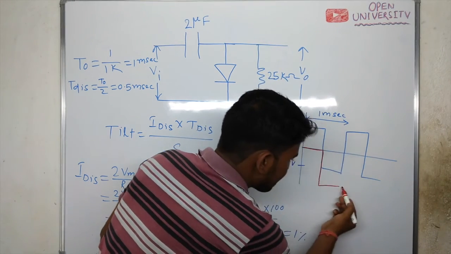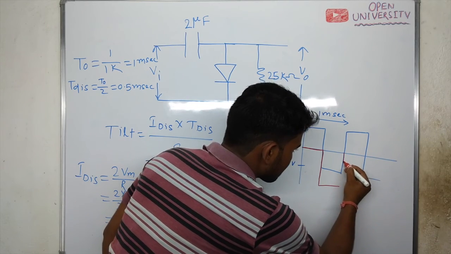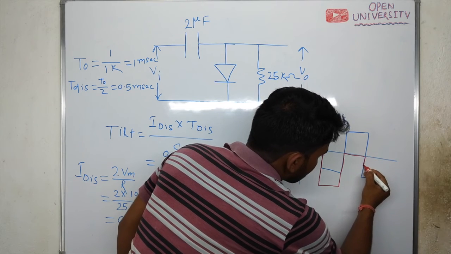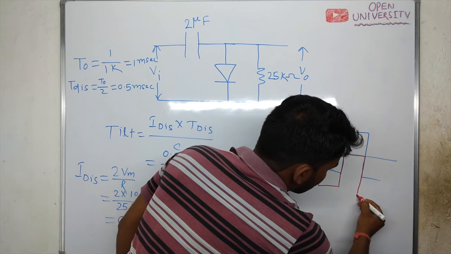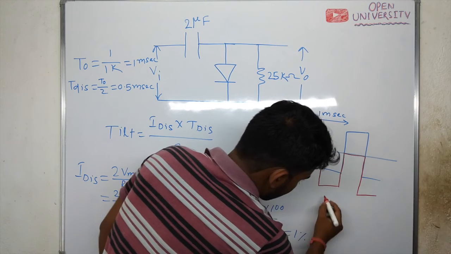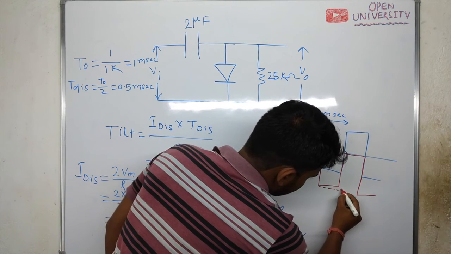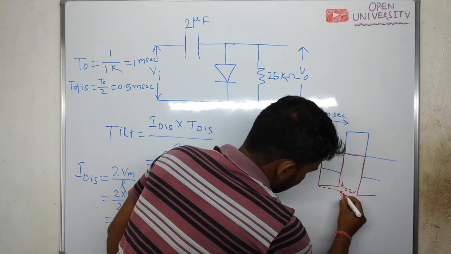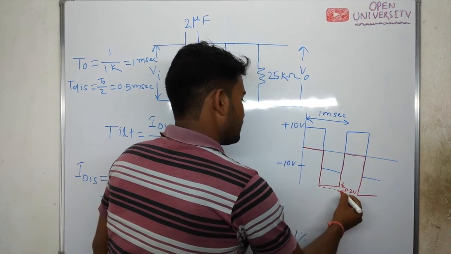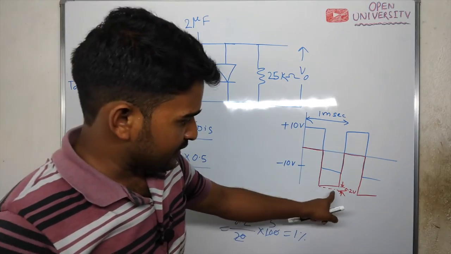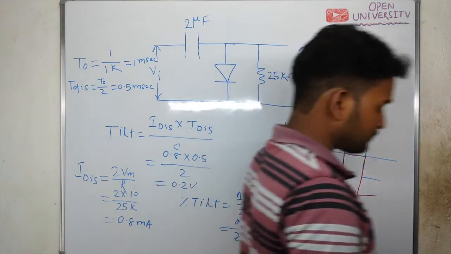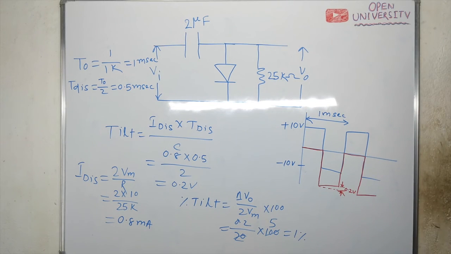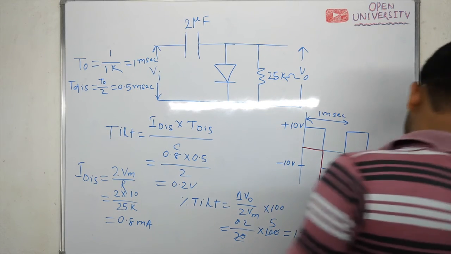There will be a little tilt in the output during the negative half cycle. How much is this tilt? 0.2 volt. This gap is 0.2 volt. This is your output waveform. You will find some tilt in the output waveform, here also some tilt.